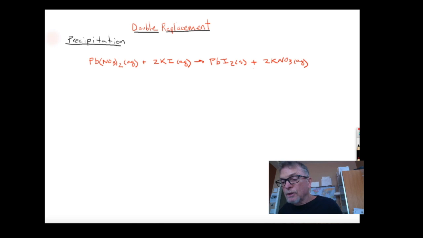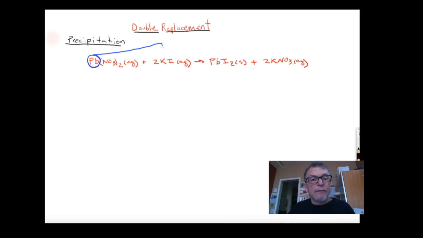All right, so I'm going to go ahead and circle the two cations that are replacing one another. So the lead is literally going to come over here and replace the potassium. And the potassium is literally going to go over here and replace the lead. So you have the two cations switching places, right?